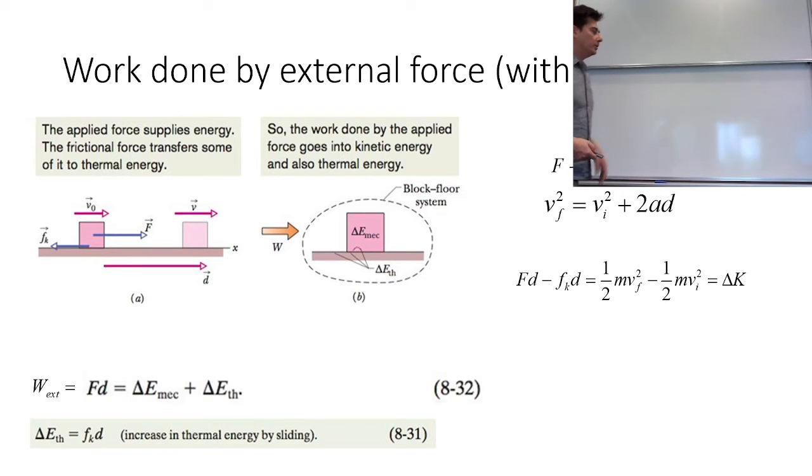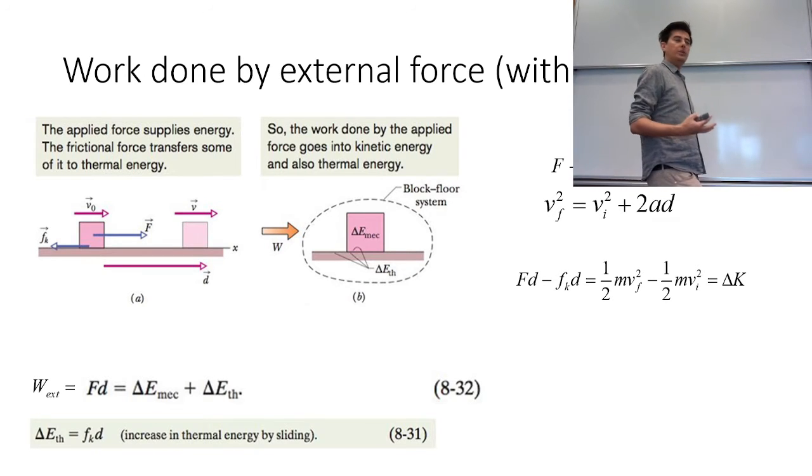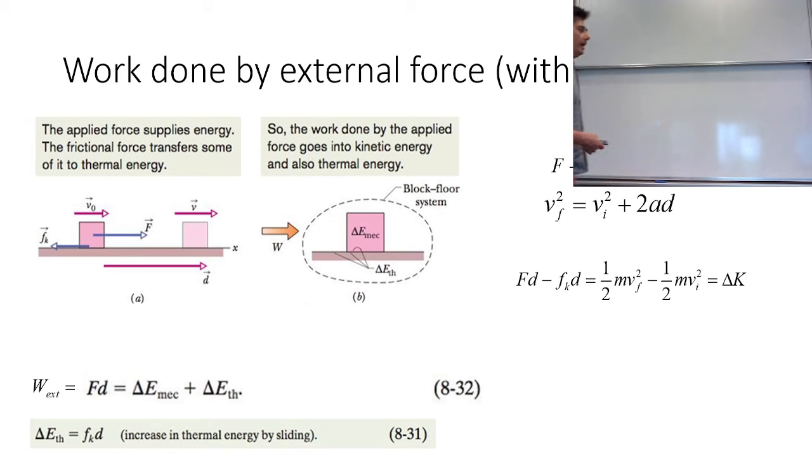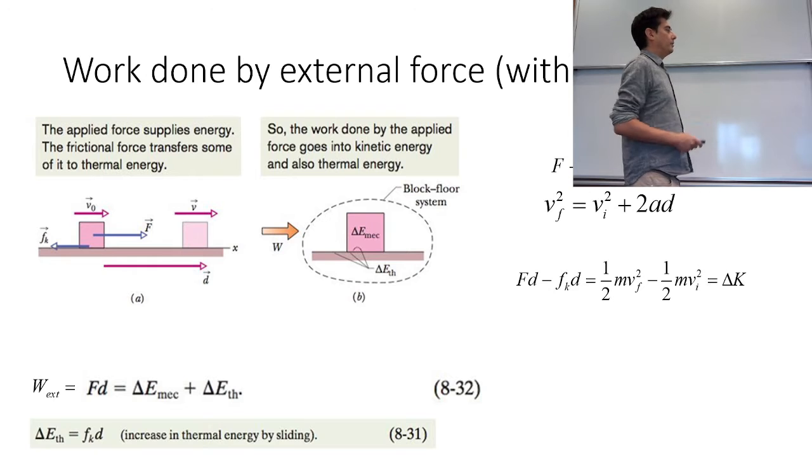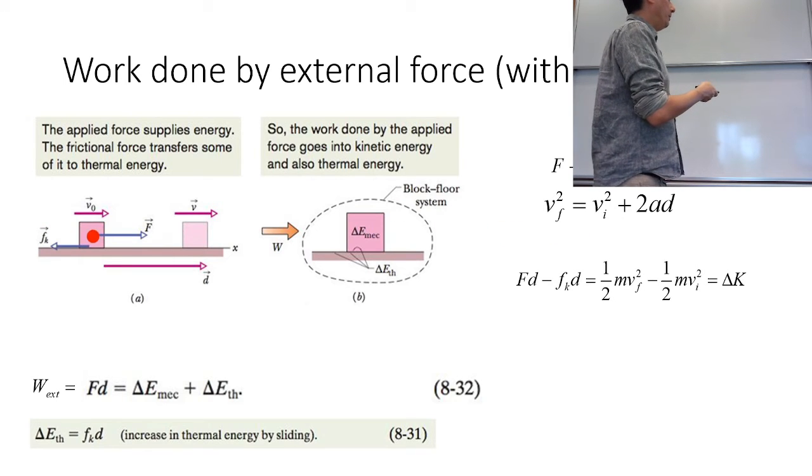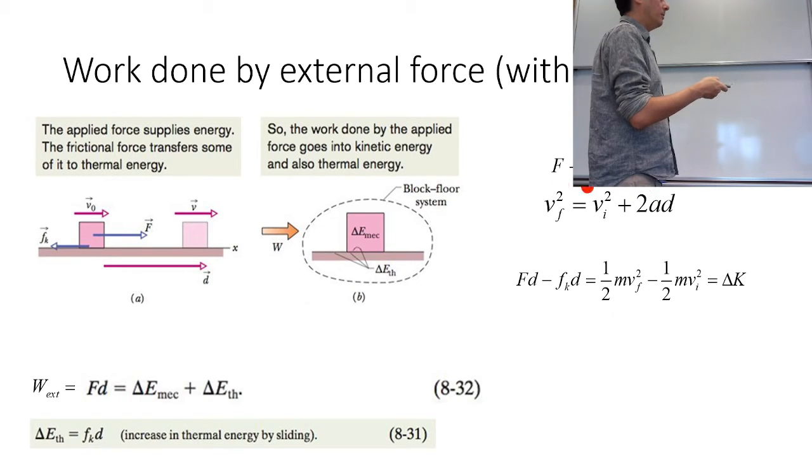So we also considered an example where there was friction involved, and in this case we derive this from basically the equations of motion of the system. So, for example, if you apply a force here and there's another frictional force pulling it backwards, then we have this is the total force, and then we've got Newton's laws here.